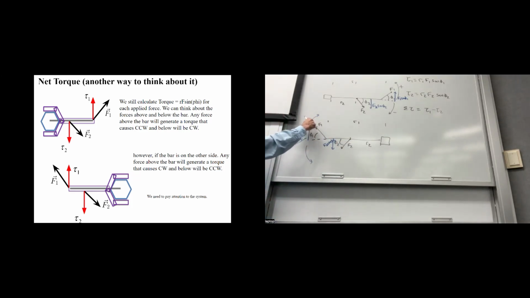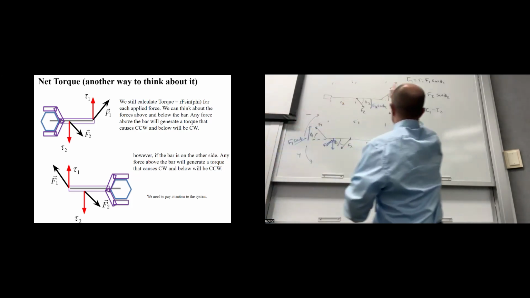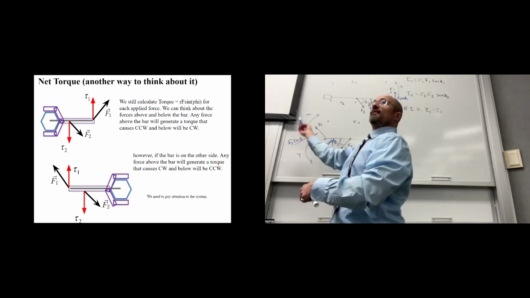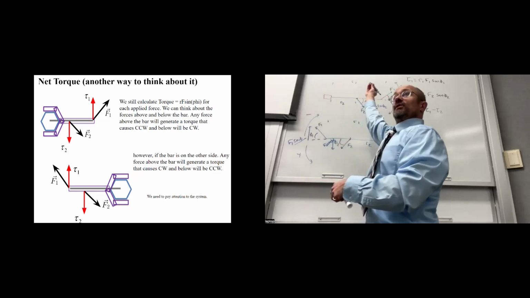So is this torque positive or negative? Negative. This is negative. This one is positive. Because when we think about this as a circle, this would be continuing this counterclockwise motion.